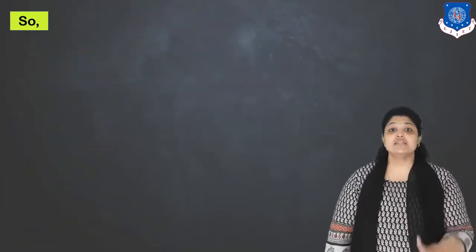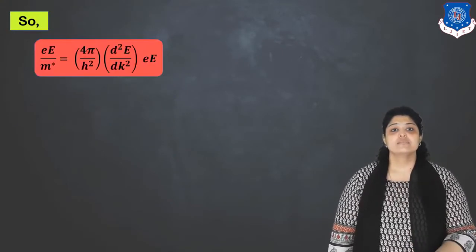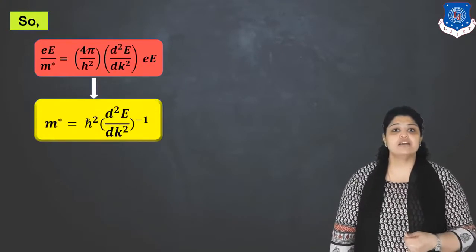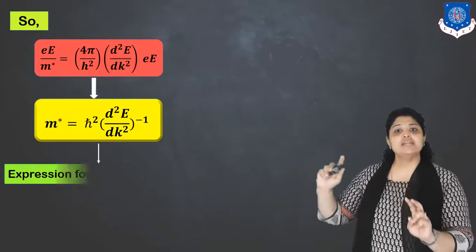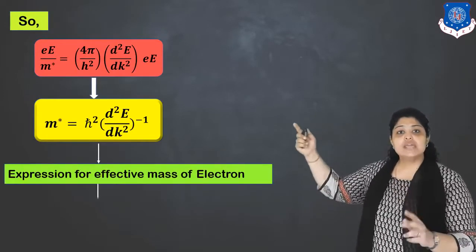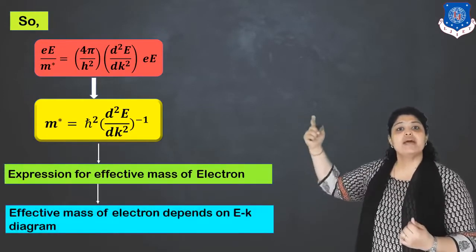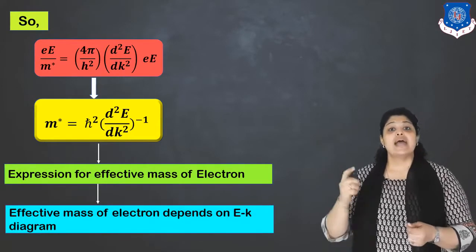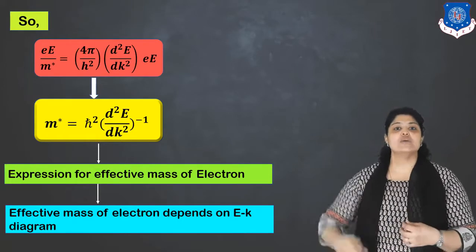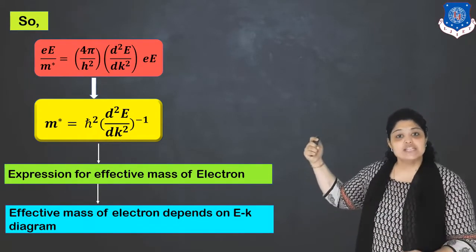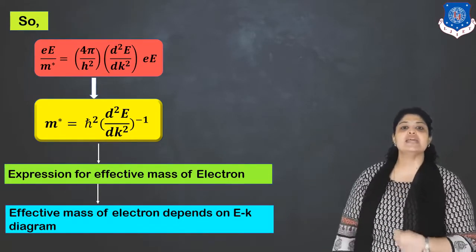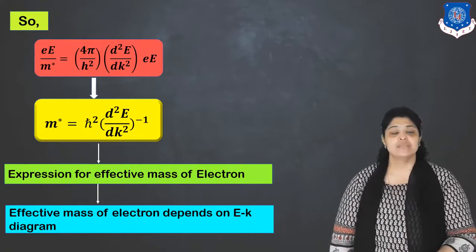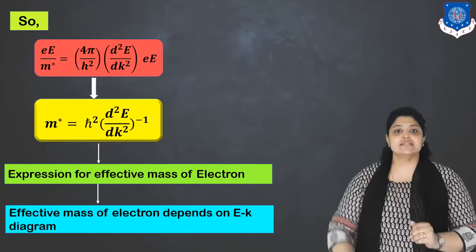So substituting this equation in the equation of m star, we are just comparing the two equations of A. So eE by m star is equal to 4 pi square by h square into d square E by dk square into eE. And from this equation, we have m star is equal to h cut square into d square E by dk square raised to minus 1. We have just made m star the subject.